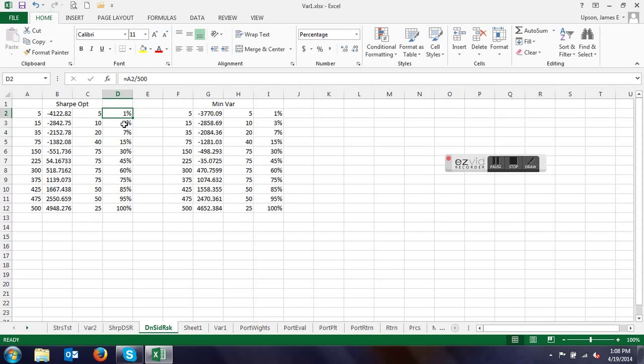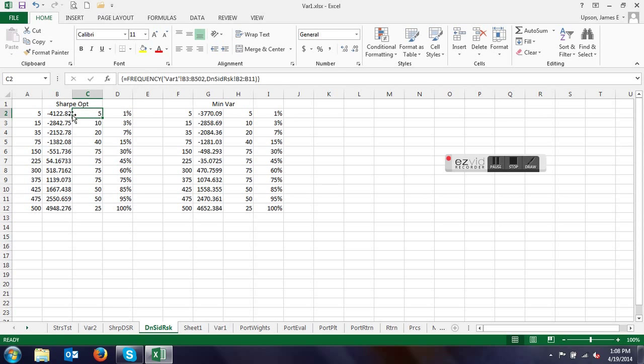An alternative way to do this calculation: leave this one the same, or actually what we can do is say it is the sum of C2 through C2. Parenthesis, and we're going to lock this first one in with an F4.